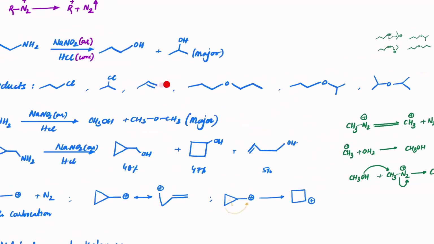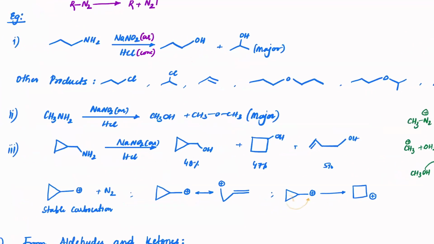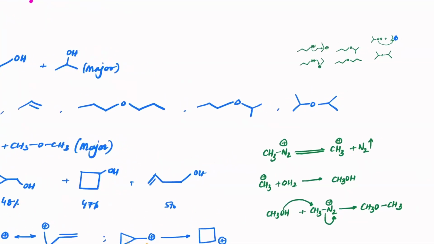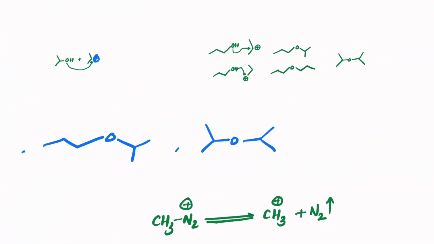Alongside, you will notice that chloride, Cl minus, is also present in the solution. So Cl minus can also attack the carbocation at this position, and this position, because first you will get a carbocation for sure. So you will get 1 degree and 2 degree alkyl halides also. In fact, water can cause elimination also, like this way.